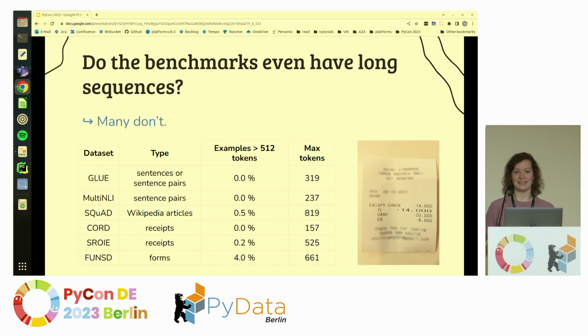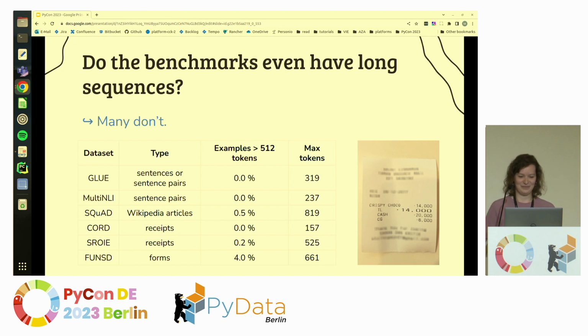When I realized that this was also true for the benchmarks used to evaluate document understanding, like LayoutLM, I was like, what? This is the same use case I have. How can these documents look like that there is no example of more than 512 tokens? And I gave you one here. So I sat at home thinking I should just ditch my car invoices. I should work on crispy choco invoices instead. My life would be so much simpler.